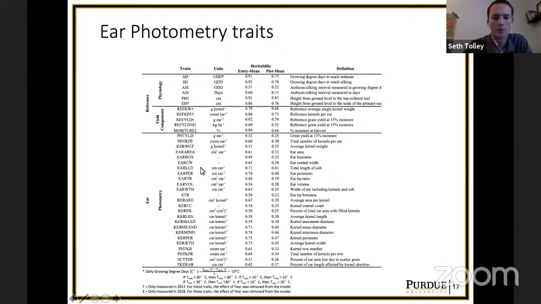But when we moved to traits such as ear length and ear perimeter, as well as the traits more related to average individual kernels, we found a much higher heritability compared, especially with yield, but then some of the other traits as well.